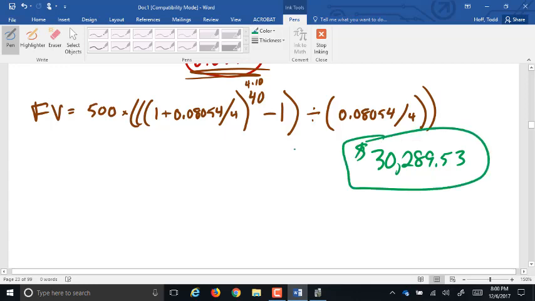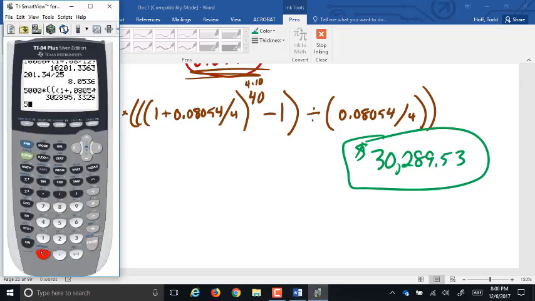I'll give you a chance to finish up, catch up. Is that what you got? No? So 500 times, open, 1 plus 0.08054 divided by 4, close, power of 40, minus 1, close, divide by open 0.08054 divided by 4, close and close.